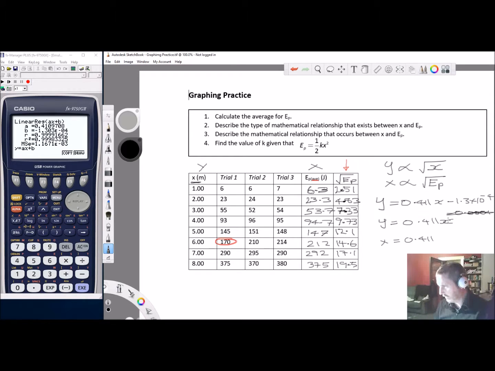Now we substitute our x value in here that we just used on this last graph. Now the x value on the last graph was actually the square root of EP. So here we put in the square root of EP. And this here is our graph equation. Okay, so this is our final graph equation, and this is what we're looking for.